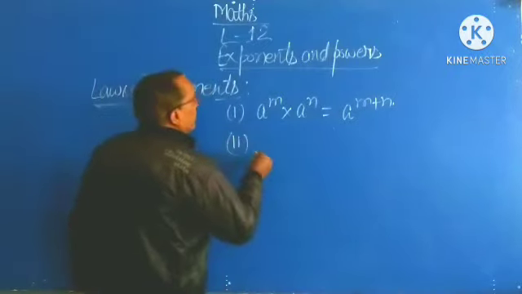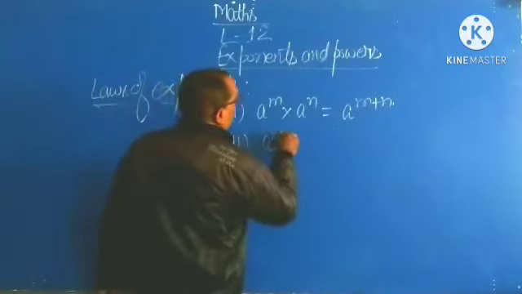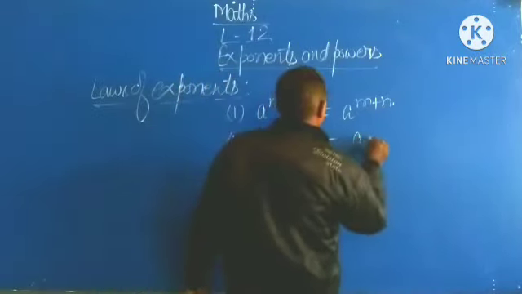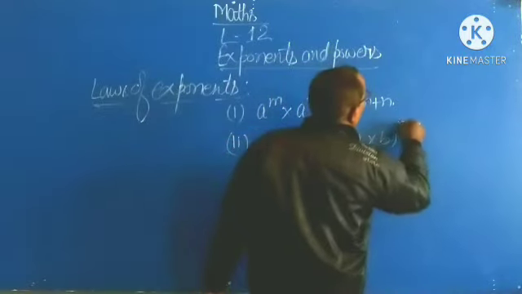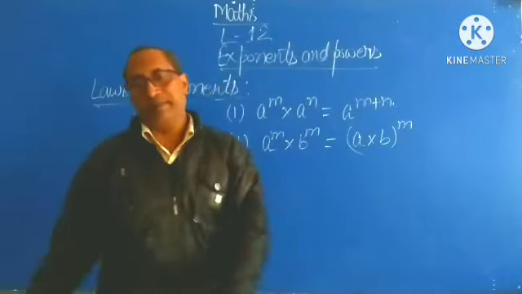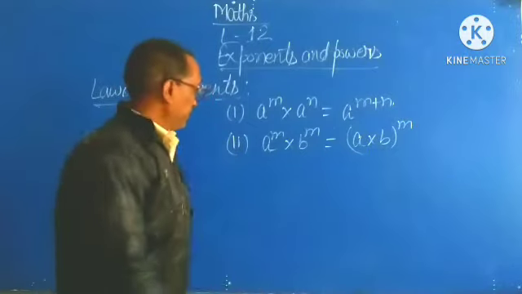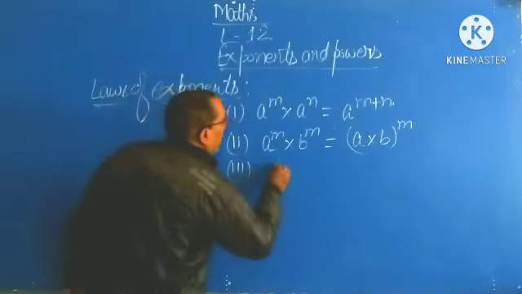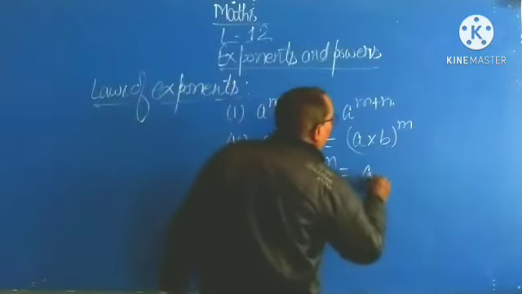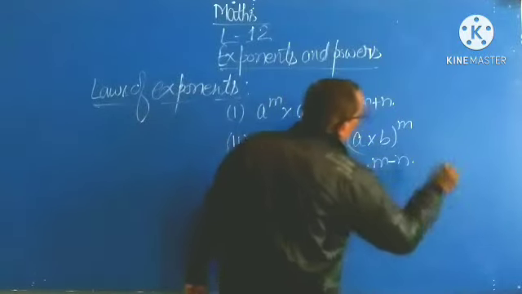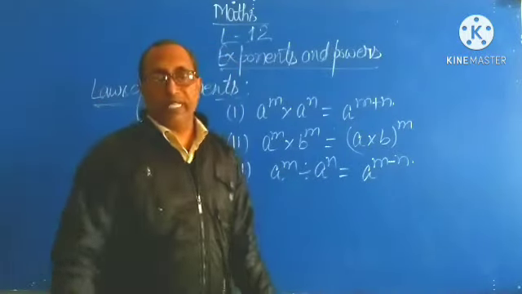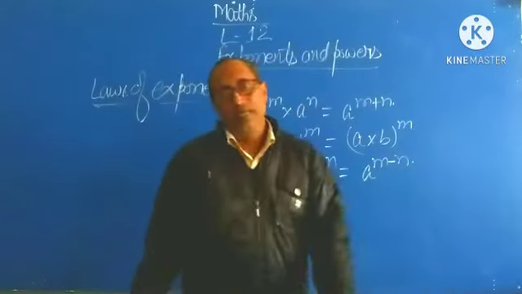Second, a raised to power m into b raised to power m is equal to (a into b) raised to power m, because the power is common but the base is not the same. Third, a raised to power m divided by a raised to power n is equal to a raised to power m minus n. When you divide exponential numbers whose bases are the same, the powers will be subtracted.